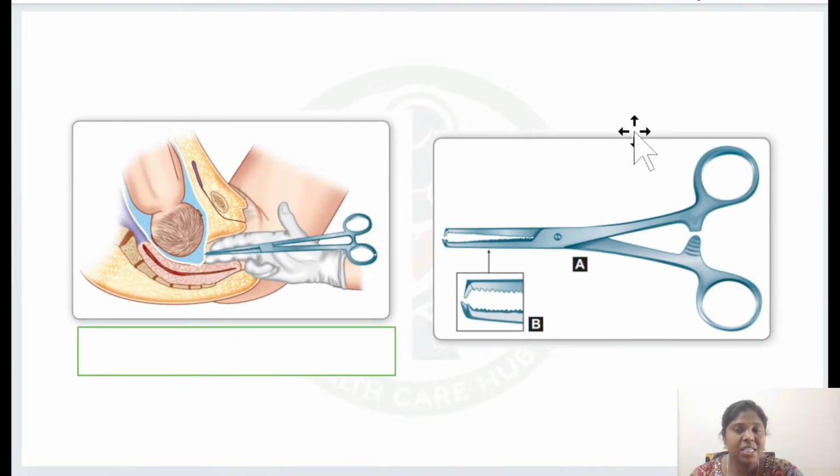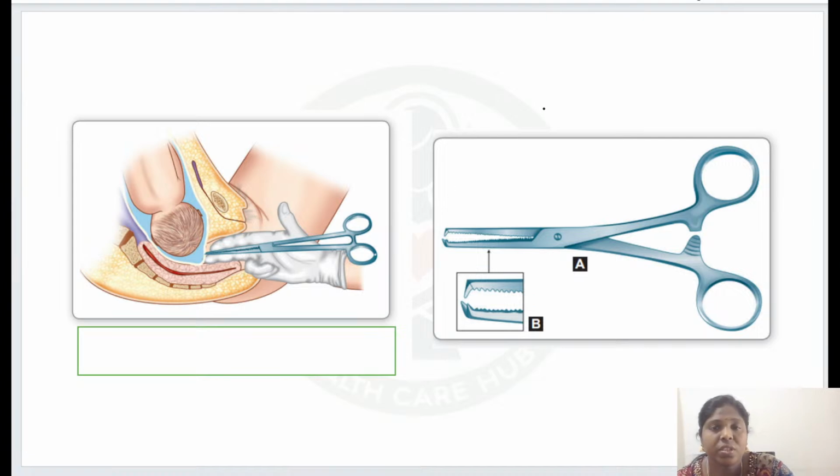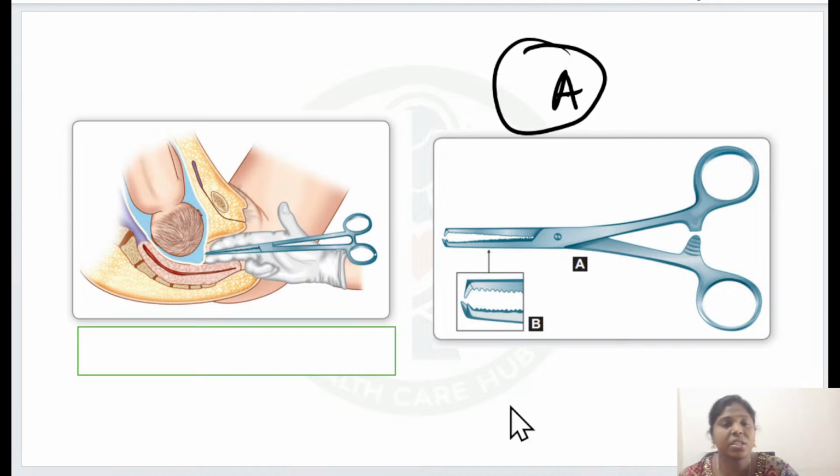Okay, tell this instrument name. Here you can see, this is image A. What is this instrument name? This is mainly used for the ARM process. What is ARM? Artificial rupture of membranes. We will use this type of scissor. So what is this scissor name? If you look at the scissor tip, it has a sharp pointed tip and the bottom will be a double tip like that.